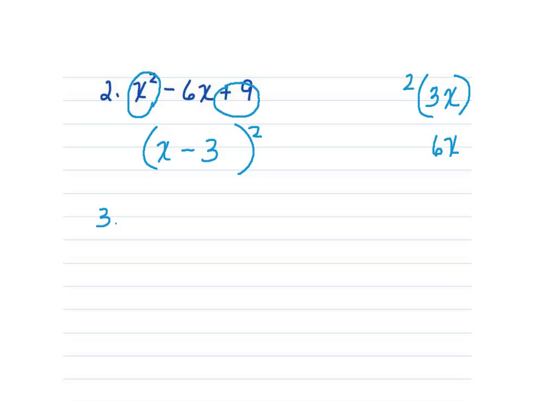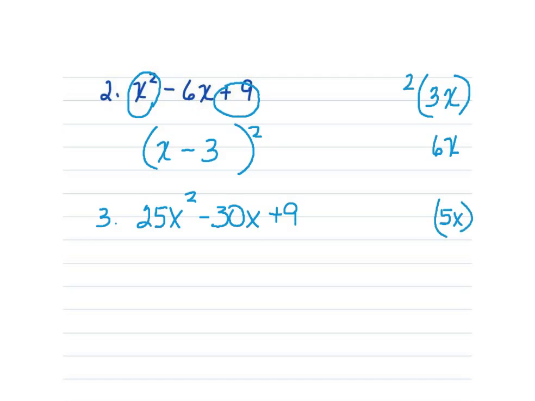Okay, number 3, 25x squared minus 30x plus 9. Again, is this a perfect square trinomial? Does it follow that pattern? And if it does, then we can use the pattern to factor it. So again, the question is, is the first term a perfect square? The answer is yes, and its square root would be 5x.